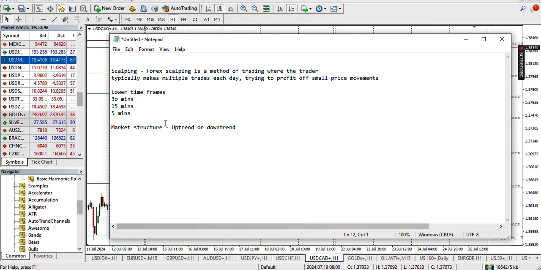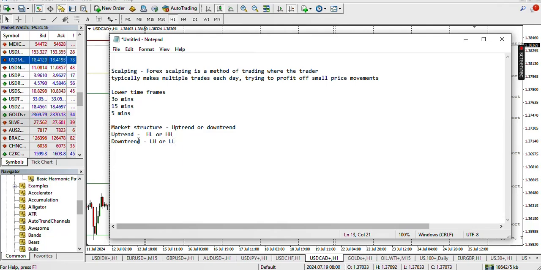Once you know whether it's on an uptrend or downtrend, you want to know where the market is actually at. If it's on an uptrend, is it at a higher low point or a higher high point? If it's on a downtrend, is it at a lower high point or a lower low point?